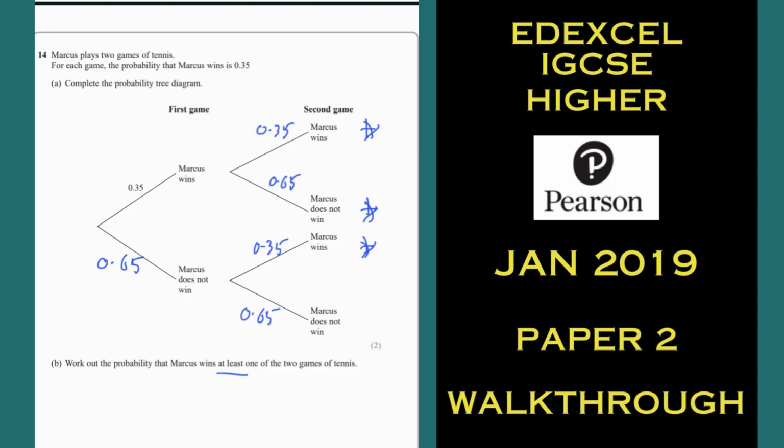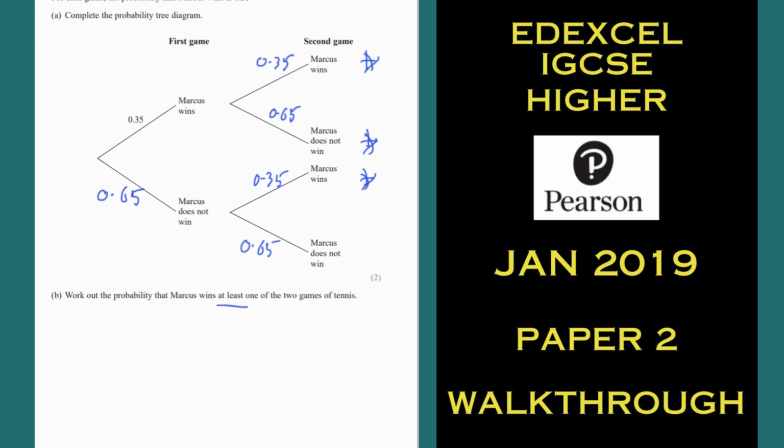So you've got a choice here. You can either get on your calc, press 0.35 times 0.35, add it to 0.35 times 0.65, add it to 0.65 times 0.35, or I'm going to do 1 minus lose.